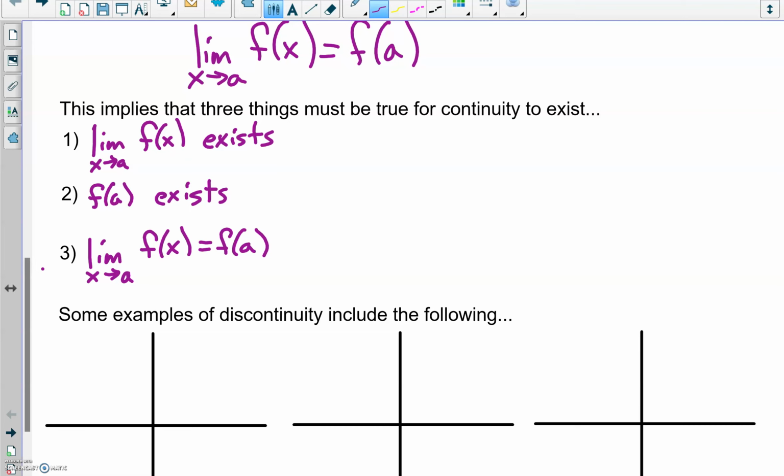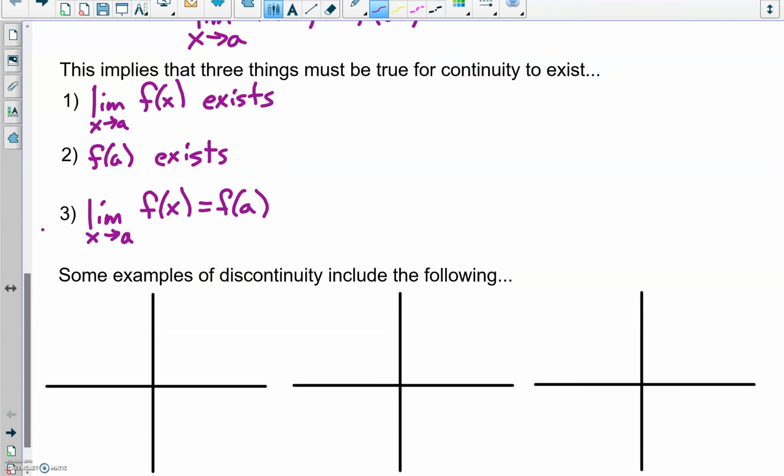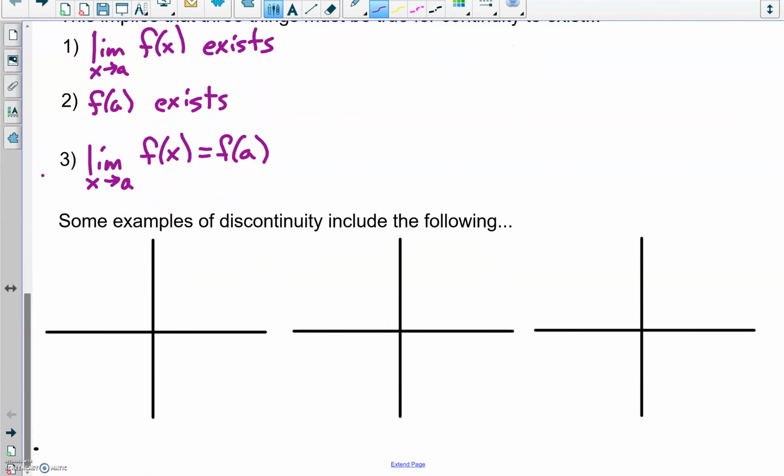And then even if both things exist, there might be a chance they're different, so you have to tie it together and say, yes, they exist and they're equal. So if anyone ever asks you to show that continuity exists at a point, you've got to go through these three steps. You show the limit exists, show the function value exists, and then you verify that they are the same value. So that's continuity, but let's look at some examples here.